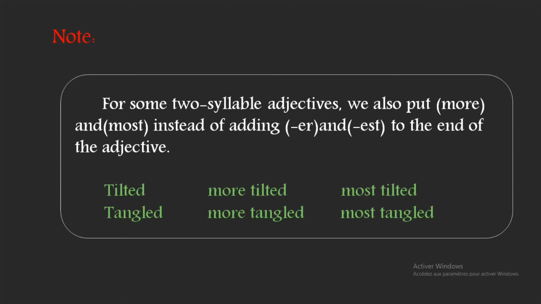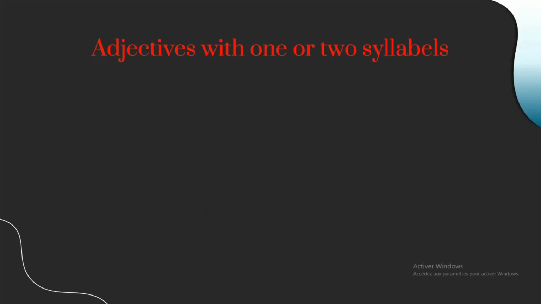So now let's look at spelling because it is also important when it comes to comparative and superlative adjectives. We've talked about when to use er and est and when to use more and most. So now we're going to talk a little bit about the spelling.